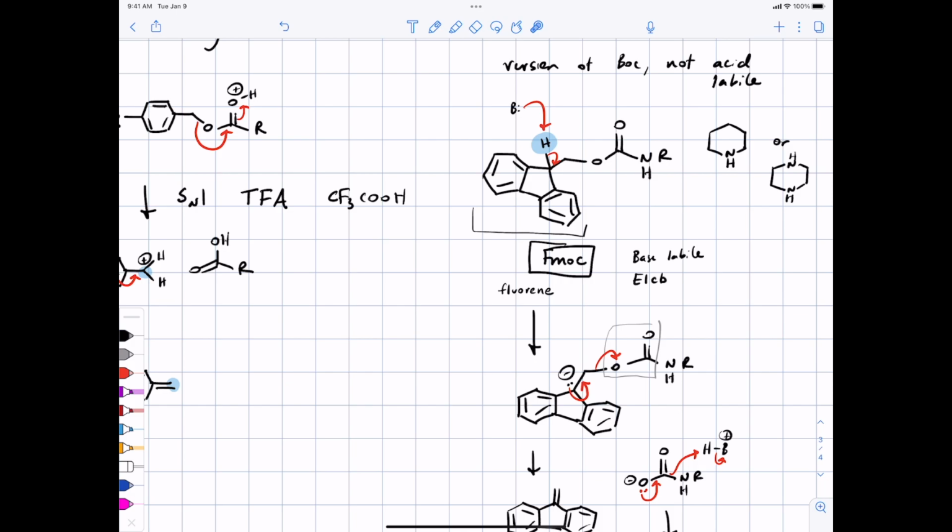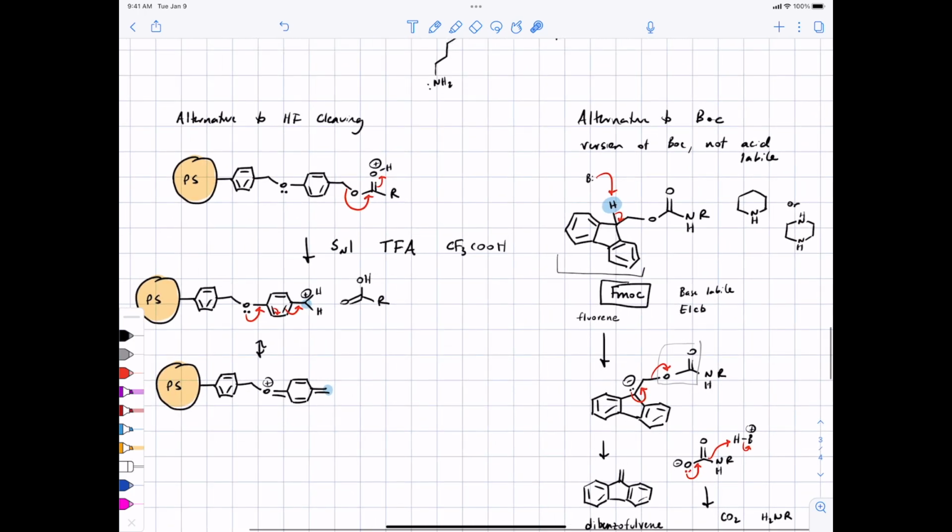Right. So remember, the goal of your protecting group is to keep the amine from being reactive until you want it to be. And the reason we have chosen to use FMOC, which is not acid labile, is because we're using strong acid for our cleaving conditions.